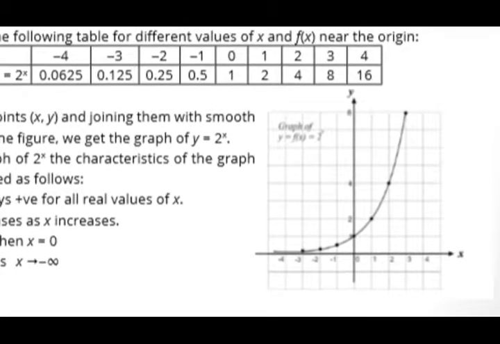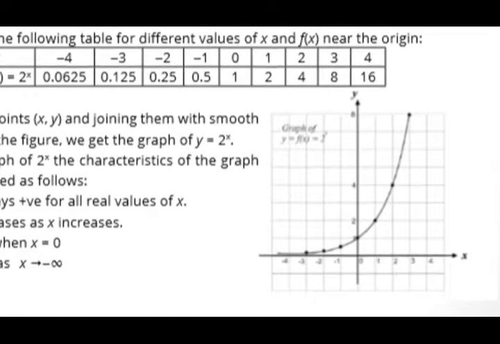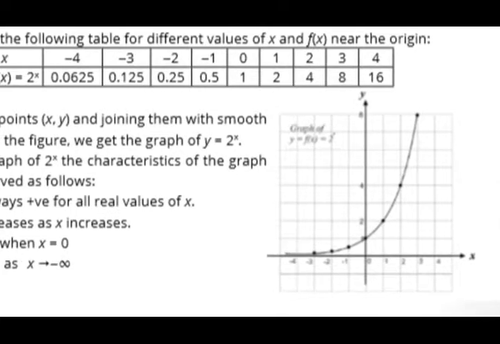This is the graph of a constant raised to a variable power. It always intersects the y-axis at point 1, because when x is equal to 0 its value is 1.